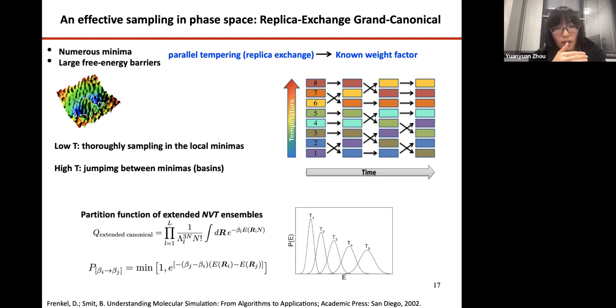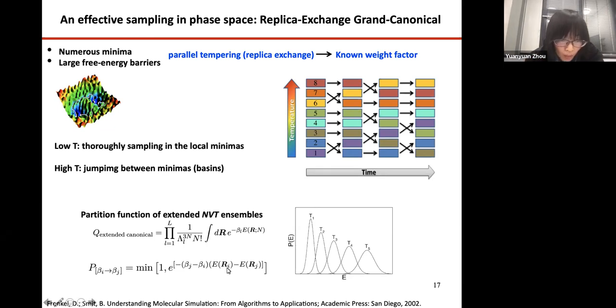I always say partition function: if we calculate the partition function, then we know everything, we know the probabilities and so on. The partition function of this extended ensemble is a product of the individual canonical ensembles, and the canonical partition function is well known. This is the probability to do the swap, whether the swap is accepted or not.